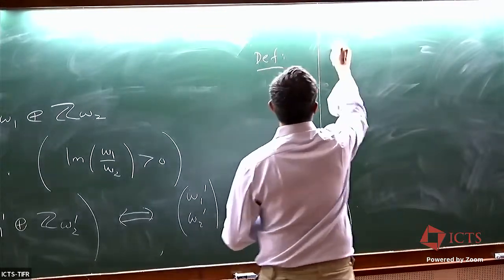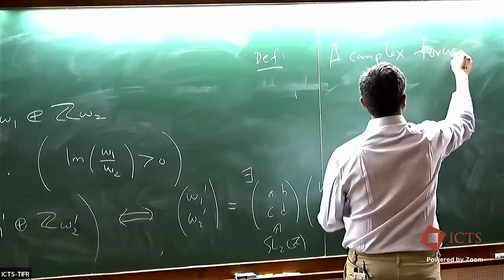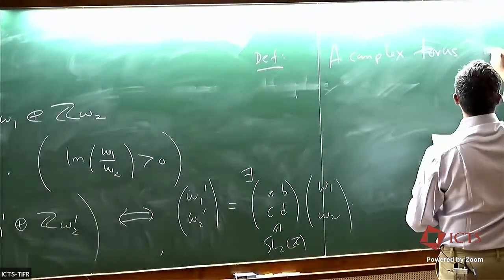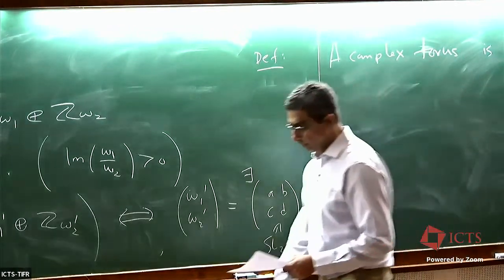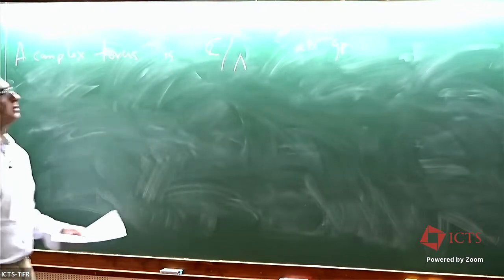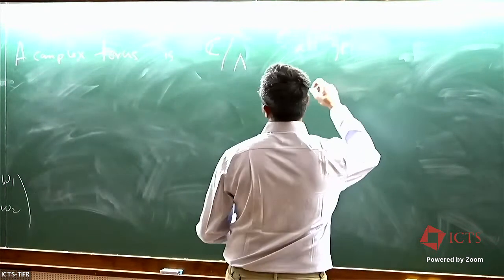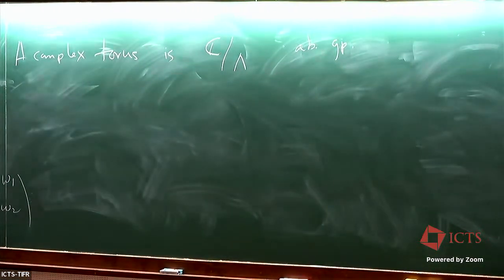Definition: a complex torus is C modulo lambda. So this is an abelian group. Of course, because C is an additive abelian group and lambda is a subgroup, it's a quotient group. It's also, as we learned in our topology classes, the usual picture of some parallelogram where you're gluing the opposite sides.